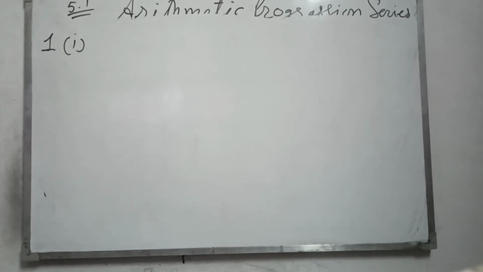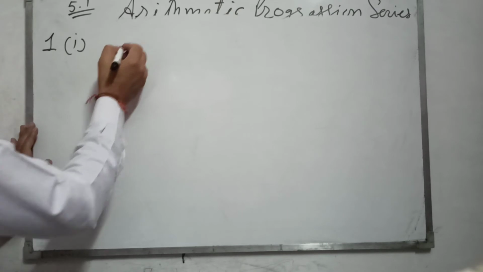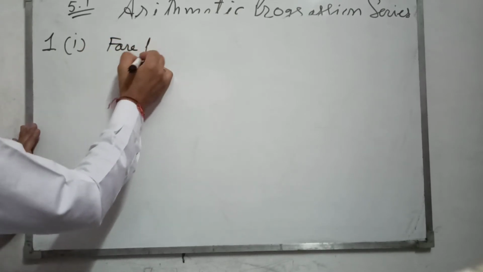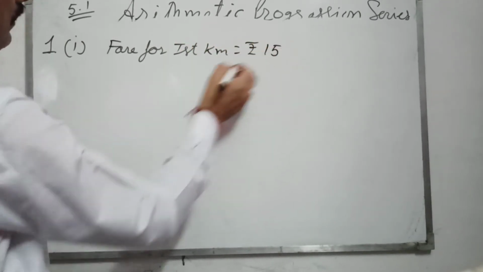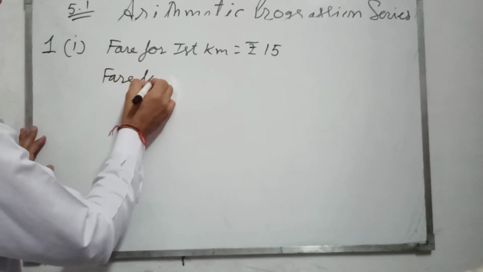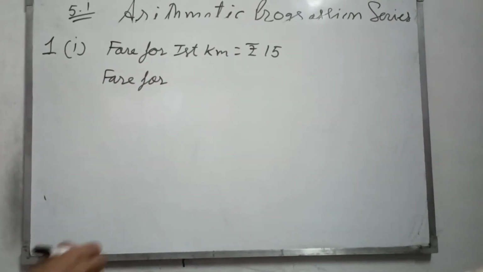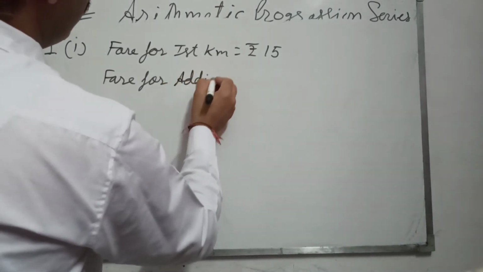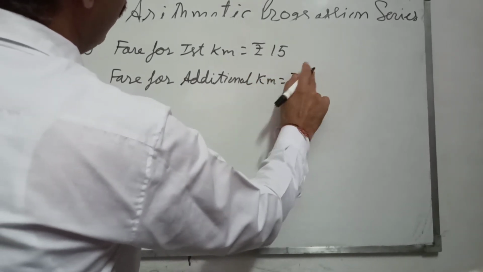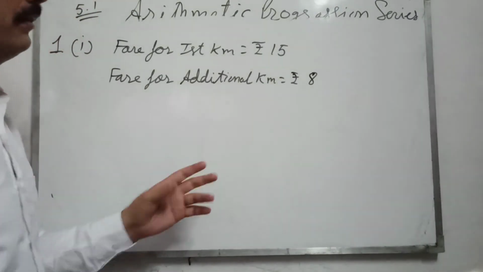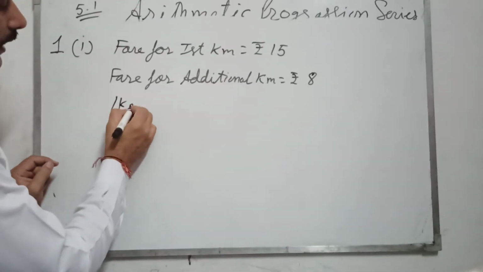The fare is rupees 15 for the first kilometer and rupees 8 for each additional kilometer. We have to find out whether it's an AP or not.